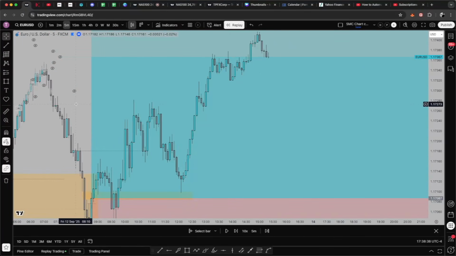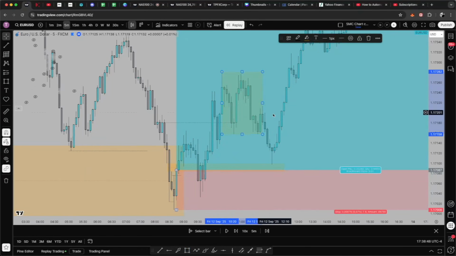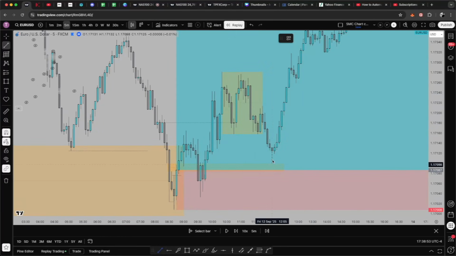Again, you're going to find more fractal models, more entry models. They're going to be very, very similar to what we've been talking about. You're going to find plenty of accumulation, manipulation, distribution. So you have an accumulation, manipulation one more time, and then price distributes, changing the state of delivery. So you see your entry now in this case right there if you missed it.